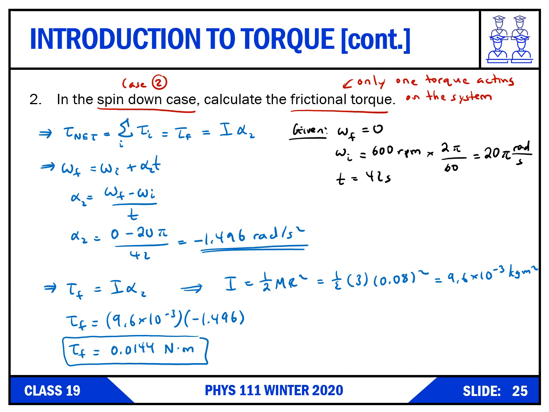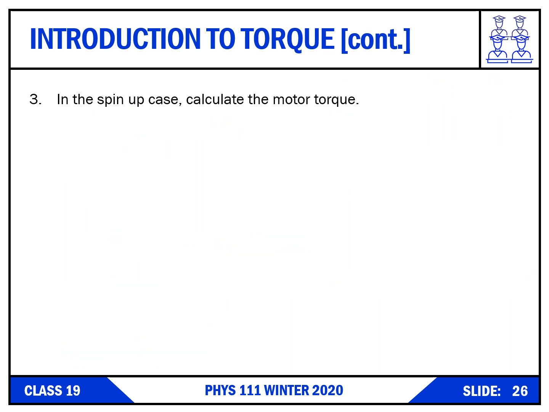We're going to move on to the spin up case. So in the spin up or the speeding up case, we now have both a motor torque acting on the system as well as a frictional torque.